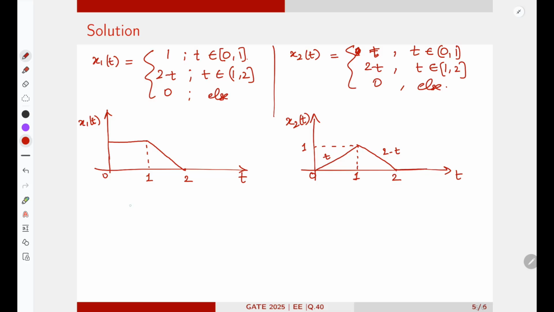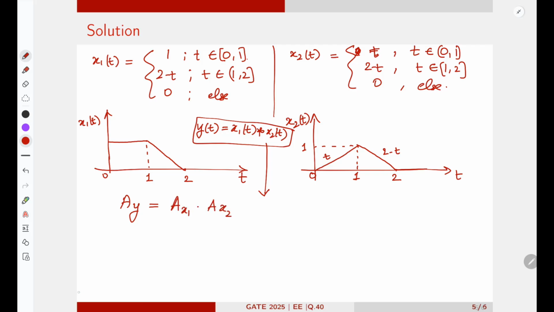Now let us see based on the area property. Because y of t is the convolution of x1 of t and x2 of t, based on the convolution area property, area of y is equal to area x1 multiplied by area x2. So area x1 is found by finding the area under this: 1 into 1 plus half into 1 into 1.